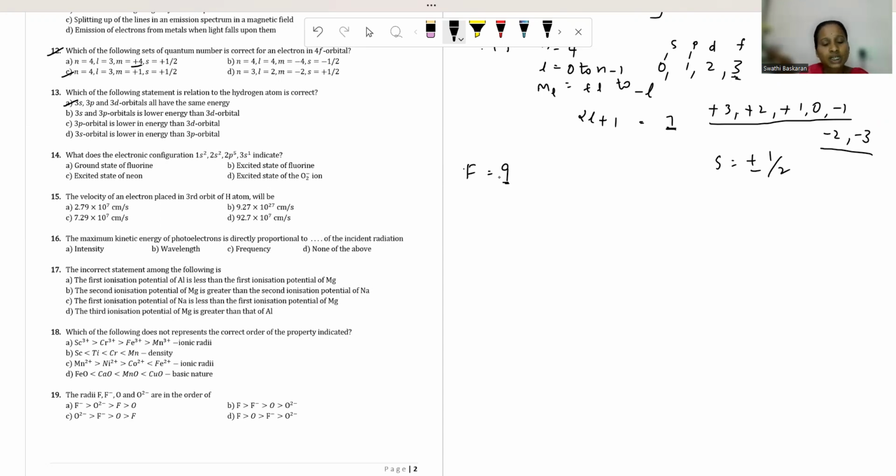Whether it is ground state or excited state, the total number of electrons needs to remain the same for all elements, isn't it? It can't be more. So option B is also wrong. Now, what are remaining? Excited state of neon and excited state of O2 minus ion.